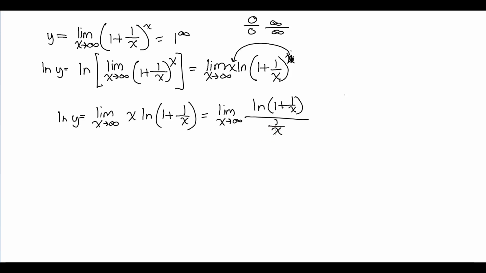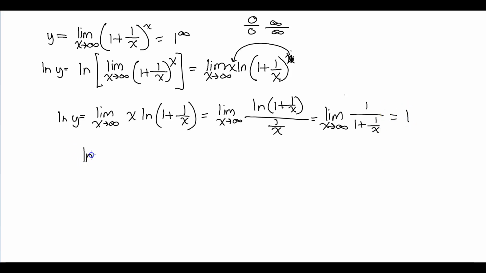And now I can see we have 0 over 0. So L'Hopital's rule will suffice. And if you were to simplify it, you'd basically be finding the limit as x approaches infinity of 1 over 1 plus 1 over x. So that limit is equal to 1.